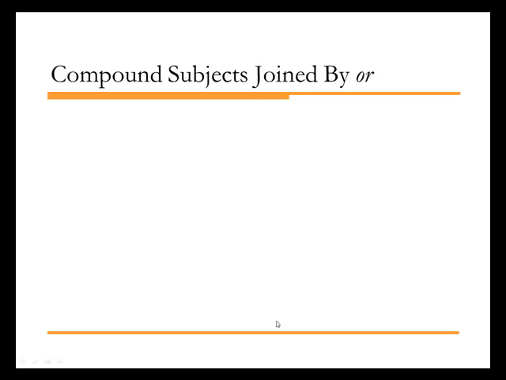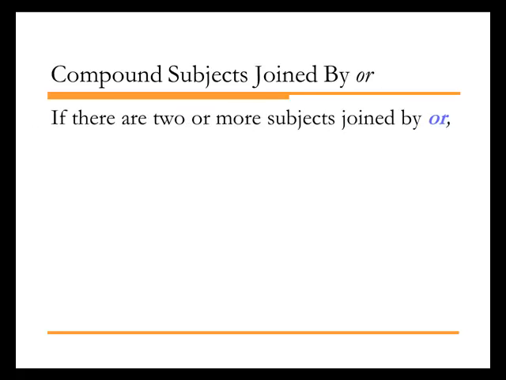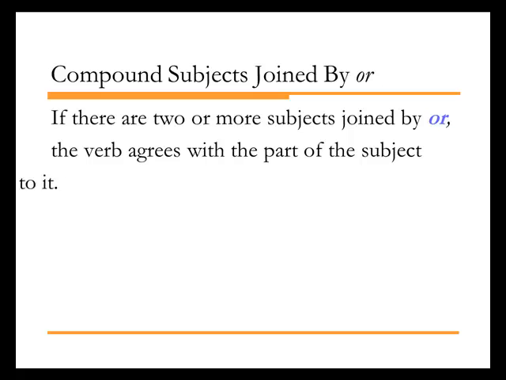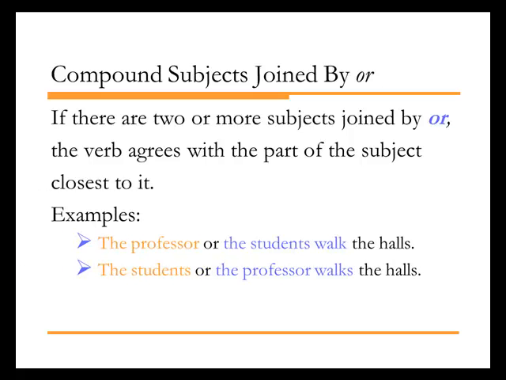However, if you have a compound subject joined by or, the verb agrees with the part of the subject closest to it. Look at this example. I've got two subjects, professor, students. They're joined by this or. So we have to make our agreement with the subject closest to the verb.